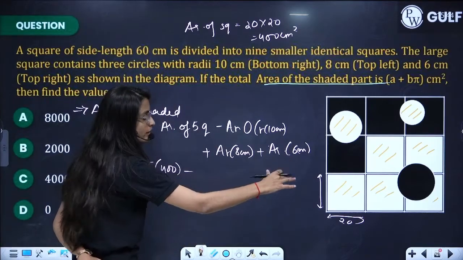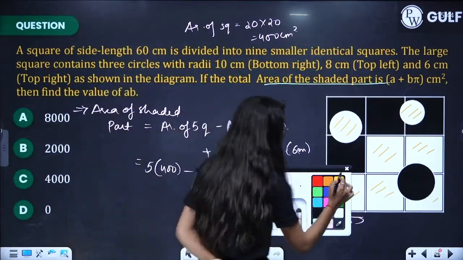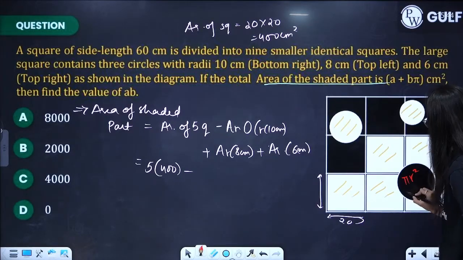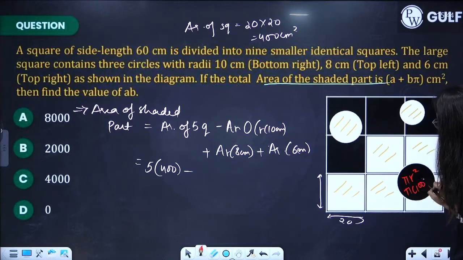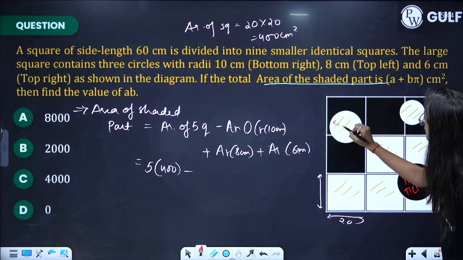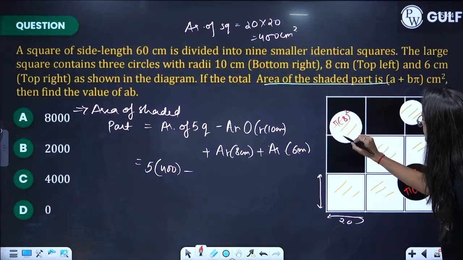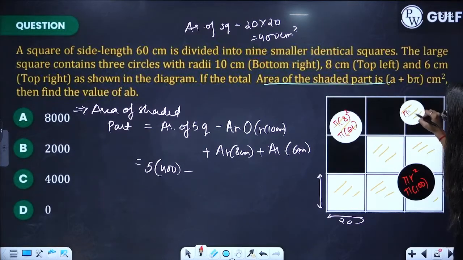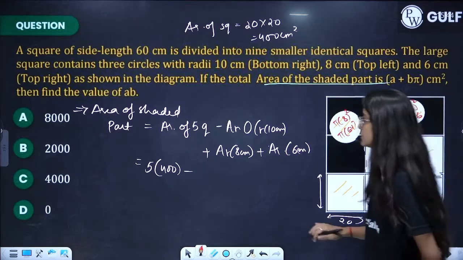So that is pi r square. Okay, writing down pi r square, that means pi into 100, 10 square. Here it's pi r square, pi into 8 square, pi into 64, pi into 6 square, pi into 36.